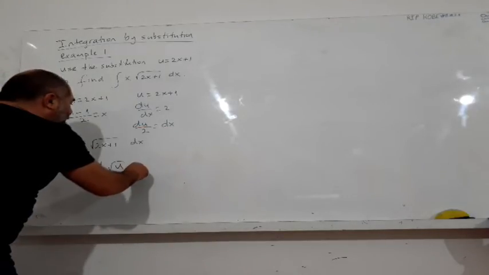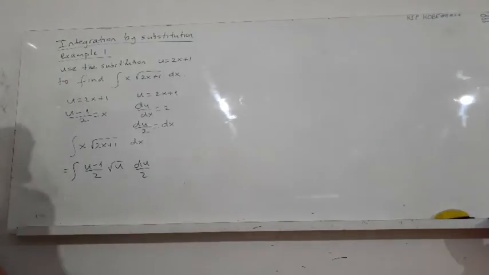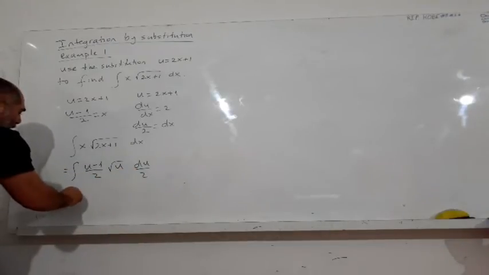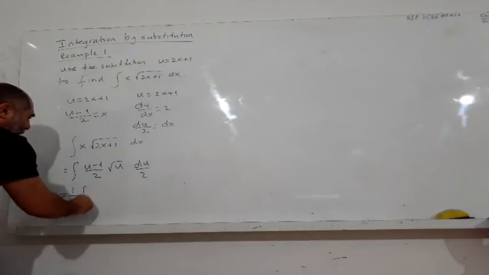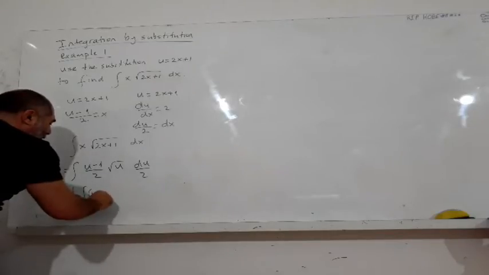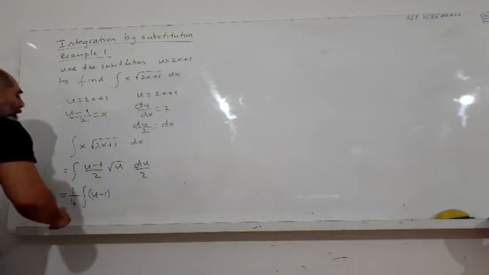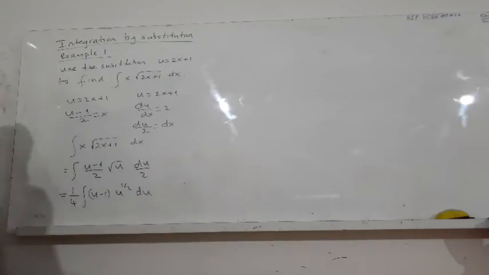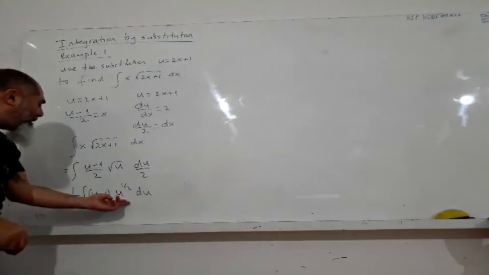So we have 2 and 2 there, which makes 1 over 4. We have u minus 1 there. And what is square root of u? It is u to the power of 1 over 2 du. I am going to expand that one there.